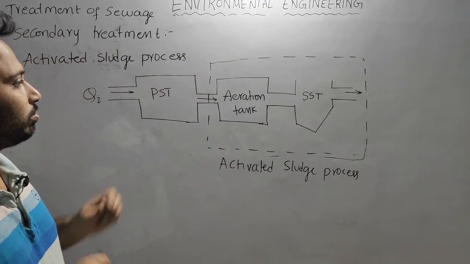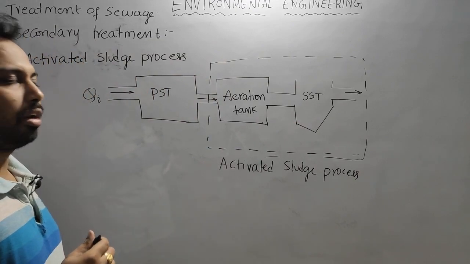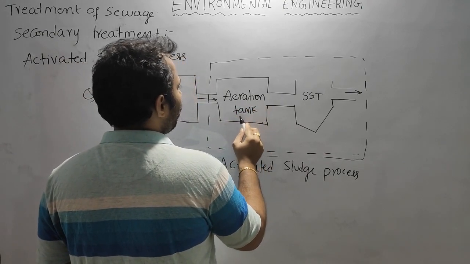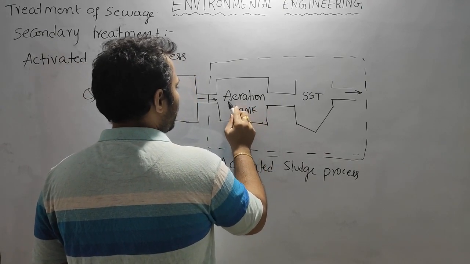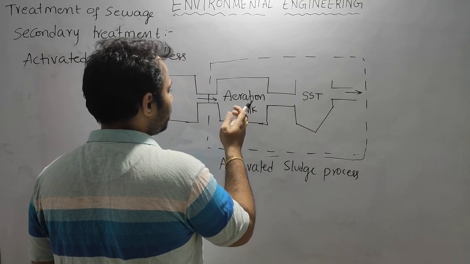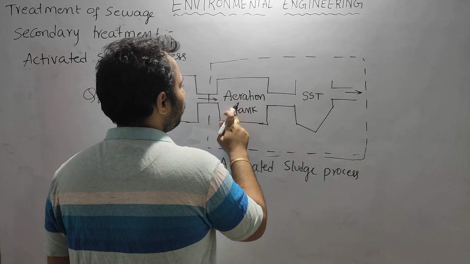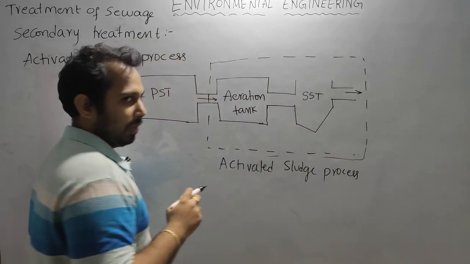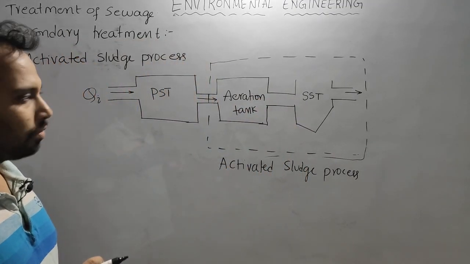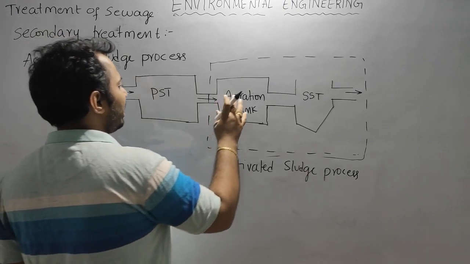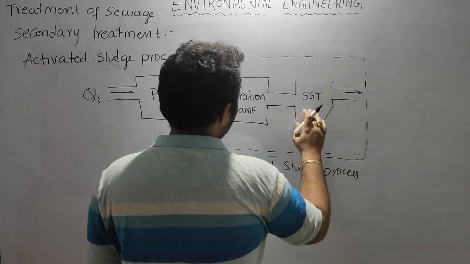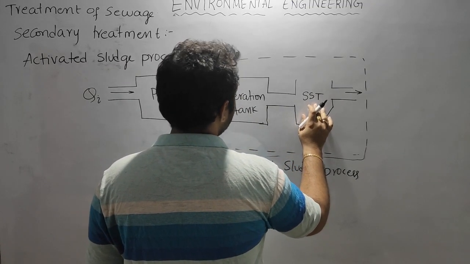When there is no organic matter present in the aeration tank, the bacteria will also not be present. The microorganisms present inside the aeration tank will also go out along with the outflowing sewage. So now in this aeration tank there is no microorganism present in the beginning, and all the microorganisms are present inside the secondary sedimentation tank.